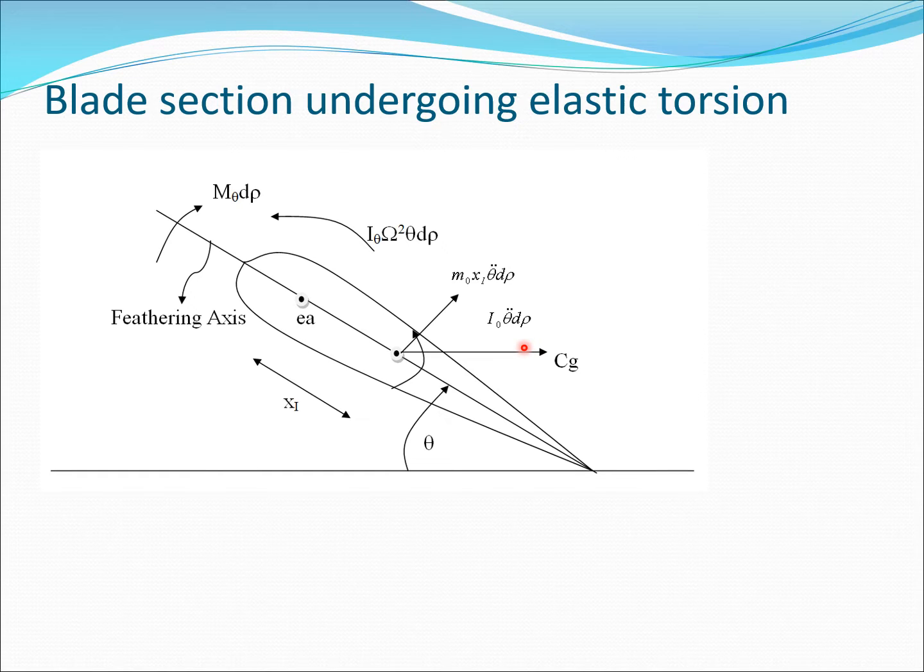So these are the three forces which are acting, and we see that these forces and moments are essentially restoring, that they are trying to bring the airfoil section back or bring the theta downwards. Now in contrast to this, there is a force created by the fluid mechanics which is acting to bring the theta up, that is M_theta d rho. So these are the four forces and moments which are acting at a given section of length d rho.